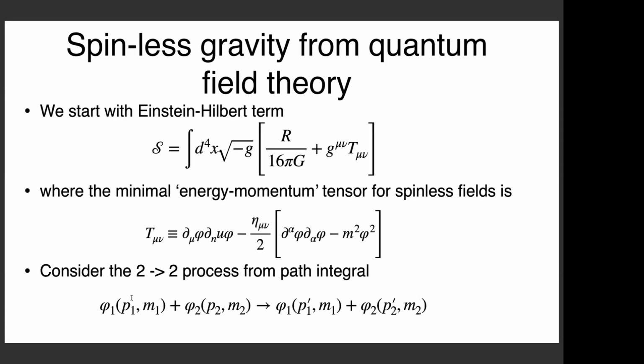The processes we will derive our physics from are 2-to-2 scattering processes in the path integral. So it's basically scalar scattering, where the only thing that happens is that we have an exchange of energy and momentum between scalar particles. So from in to out, there's some change of these p variables here, and that's where we can derive our observable.